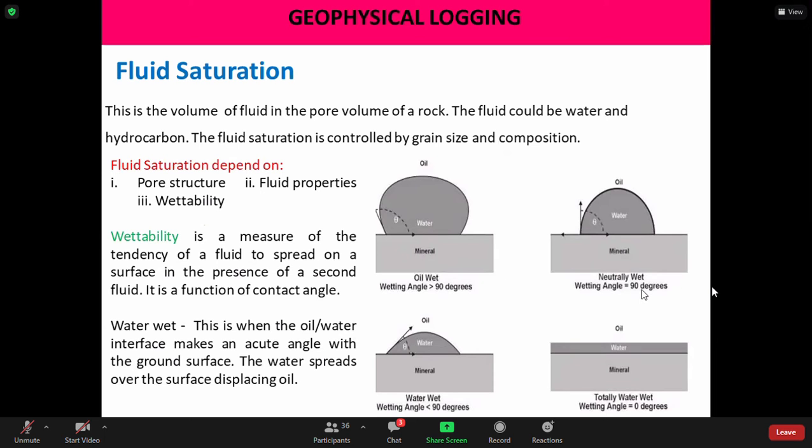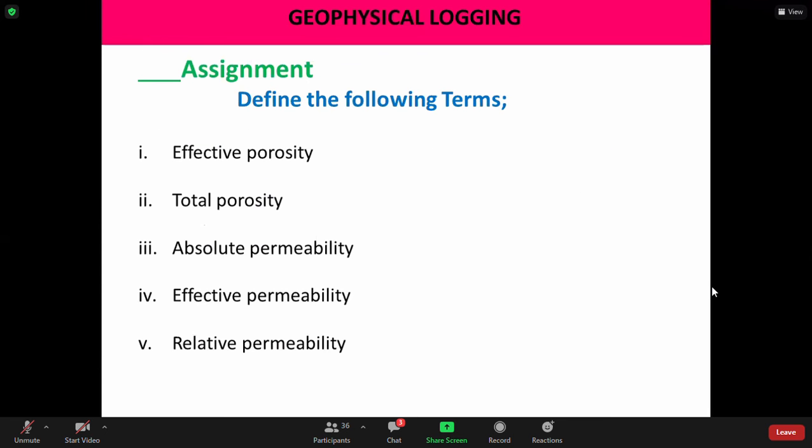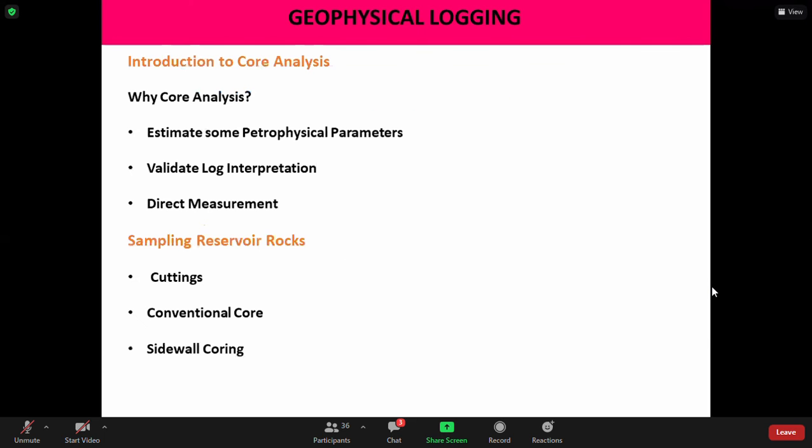When it is equal to 90 degrees, it is neutrally wet. When it is less than 90 degrees, it is water wet. And when it is equal to 0, that is completely water wet. You can see that it is parallel, okay? So I think the questions there have been answered.